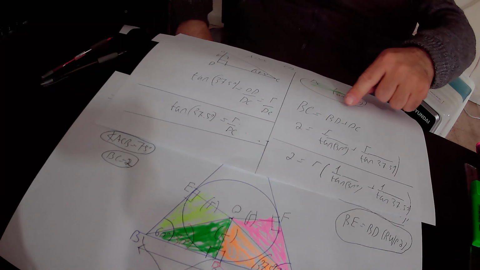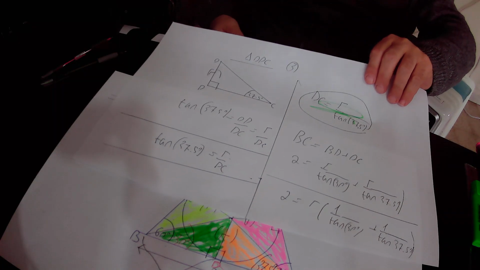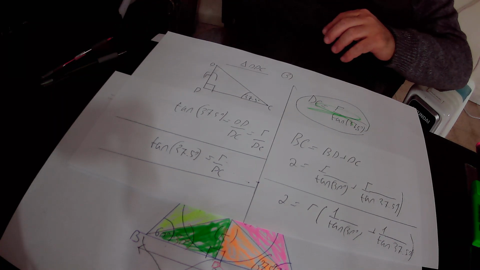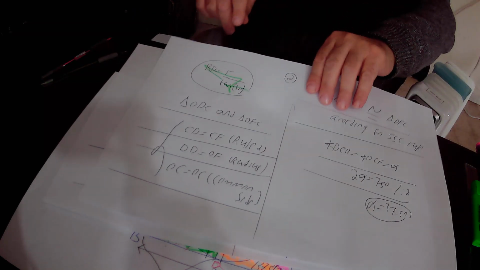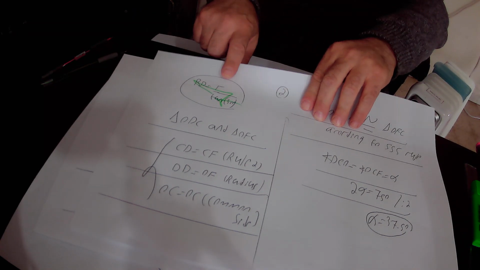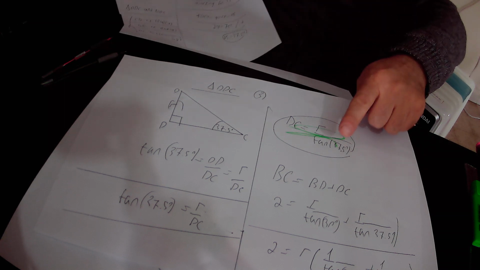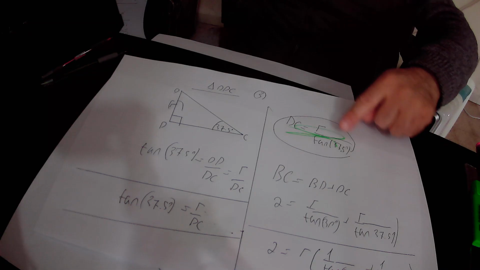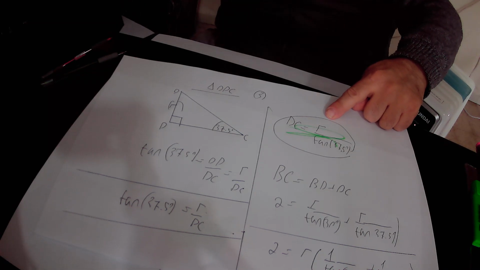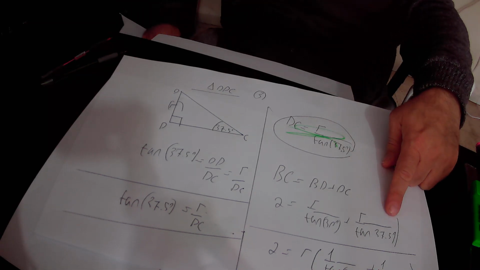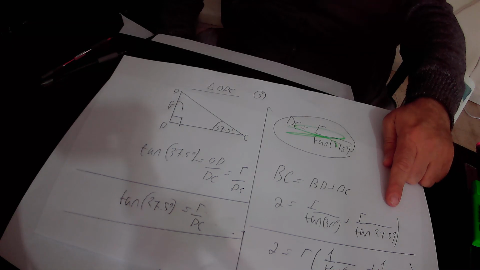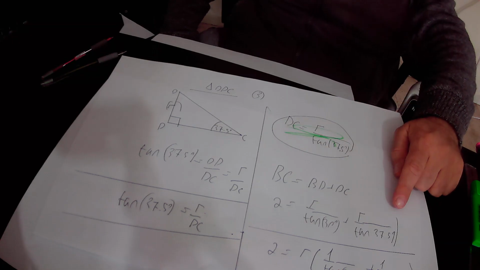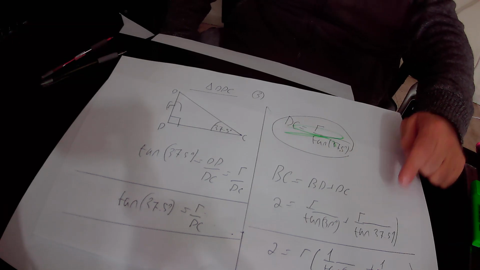BD, we have already found out, equals R over tan 30 degrees, plus DC, which equals R over tan 37.5 degrees. So in conclusion, 2 equals R over tan 30 degrees plus R over tan 37.5 degrees.